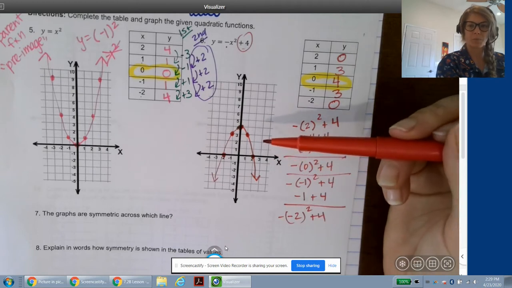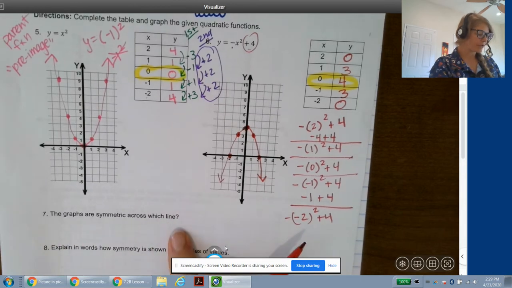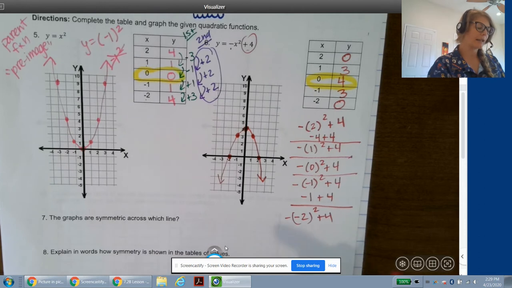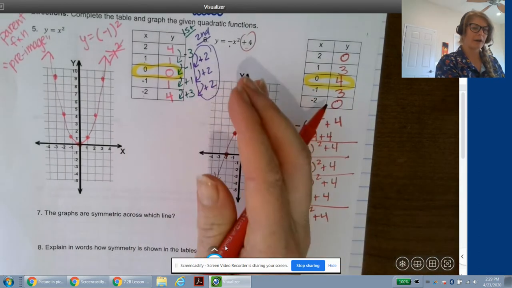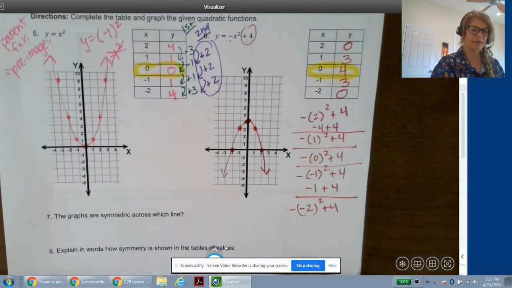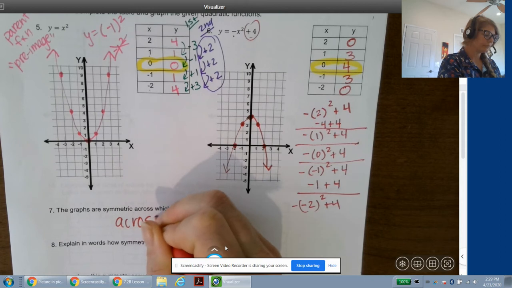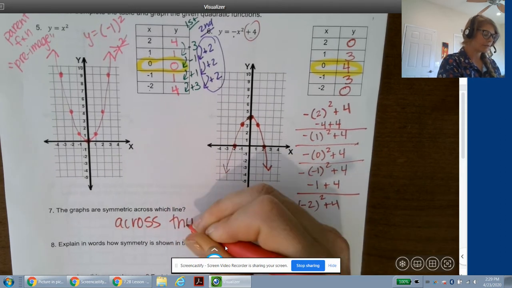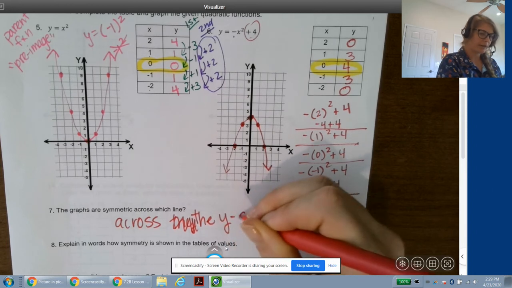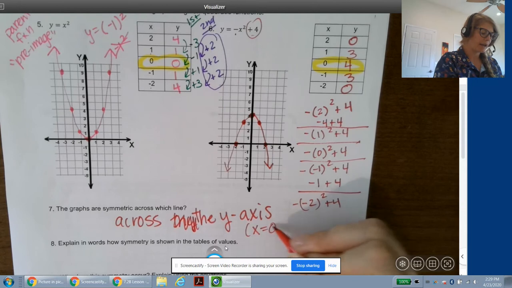It's opening downwards now. So the graphs are symmetric across which line? Symmetry means that line of symmetry. If I was going to fold this graph across and have it lay on the other side of it, it's symmetric across the y-axis, which you can call the line x equals 0.